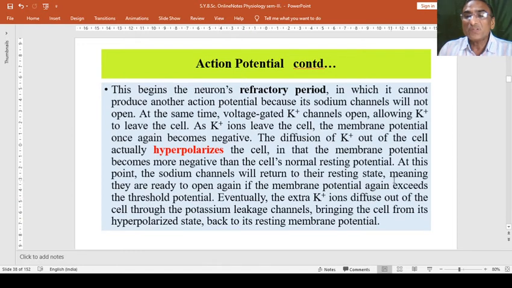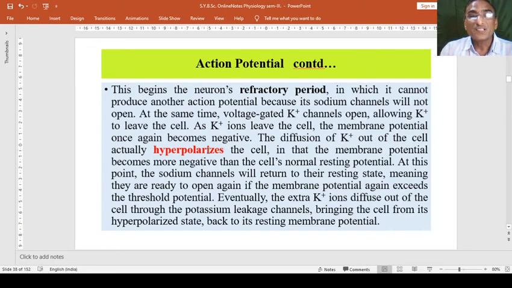The membrane potential again exceeds the threshold potential. Threshold potential is the beginning potential, as I told you. Eventually, the extra potassium ions diffuse out of the cell through the potassium leakage channels, bringing the cell from its hyperpolarized state back to its resting membrane potential.